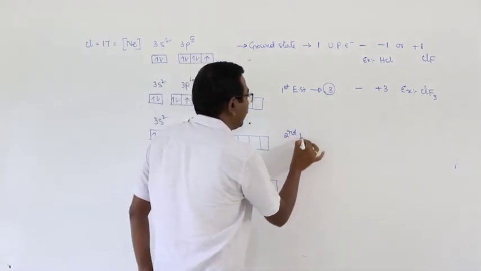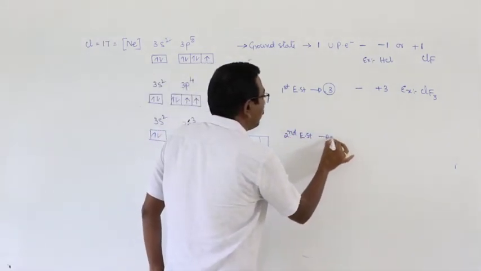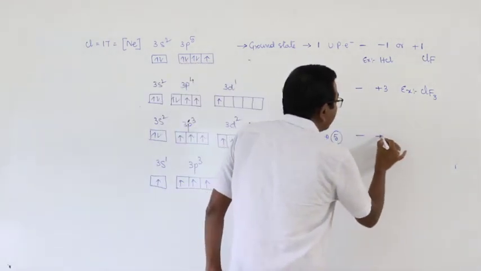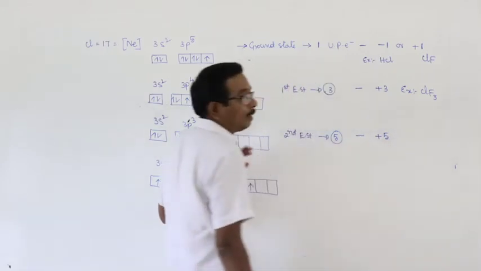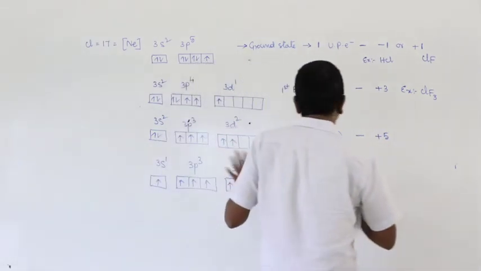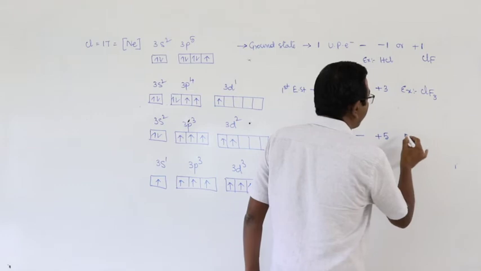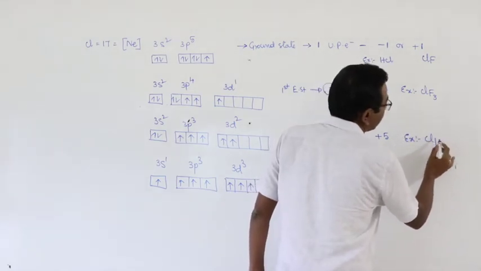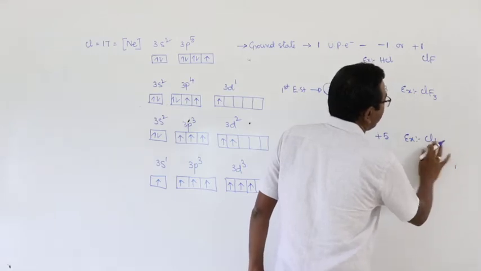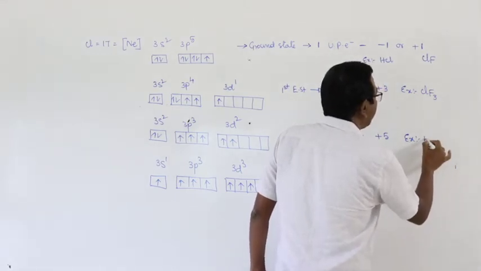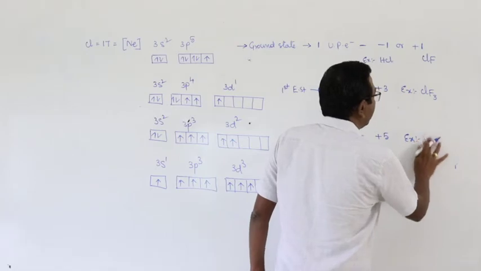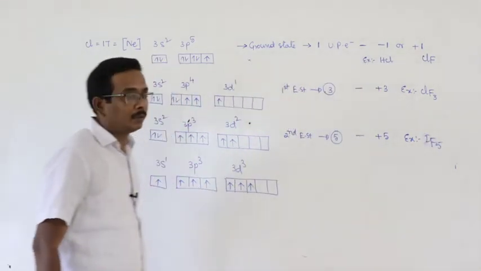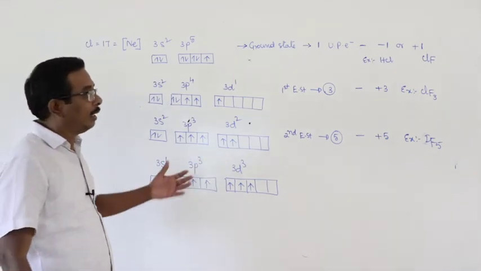In the second excited state, the oxidation state shown by the atom of an element is equal to +5. Example, we can take IF5, the most stable. I am thinking about the stability.